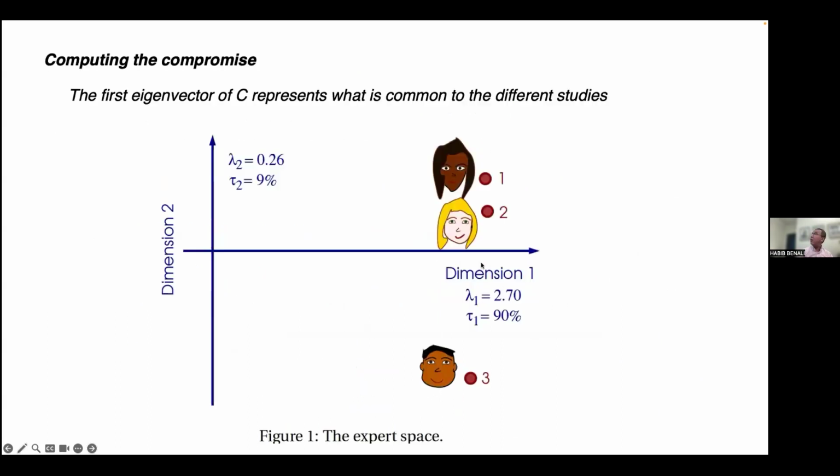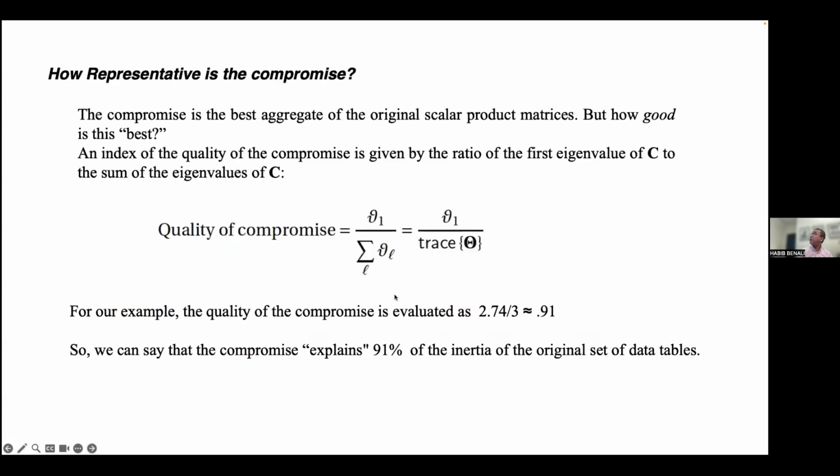Now if I look at the compromise, it's 2.7 divided by 3, and what you can say is that you have 0.91, a coefficient very close to 1, telling you that this is a kind of quality of the representation of the compromise regarding the data set that you have.